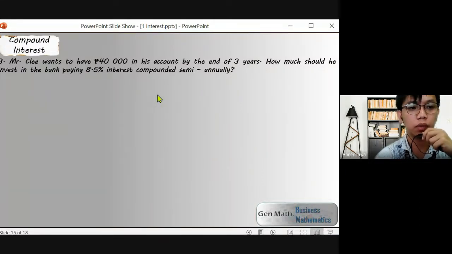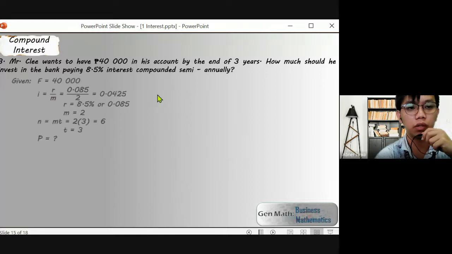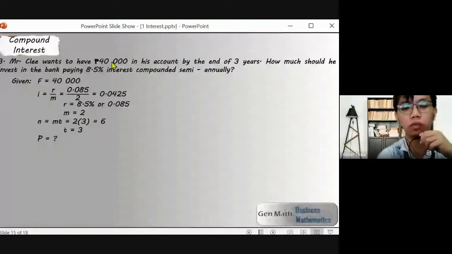Okay? So what will be the given here? We are going to have 40,000, that will be our future value kasi yun yung gustong makuha ni Mr. Klee strictly after 3 years. And then the value of I will be R over M. What is 8.5 in decimal, that is 0.085.